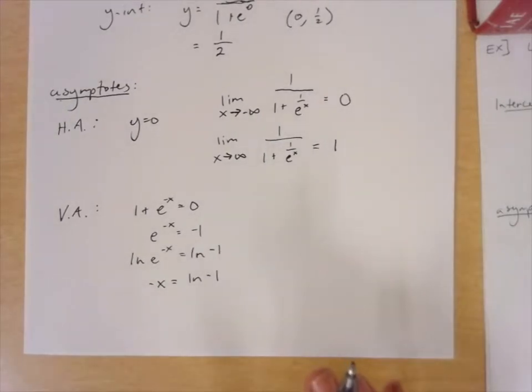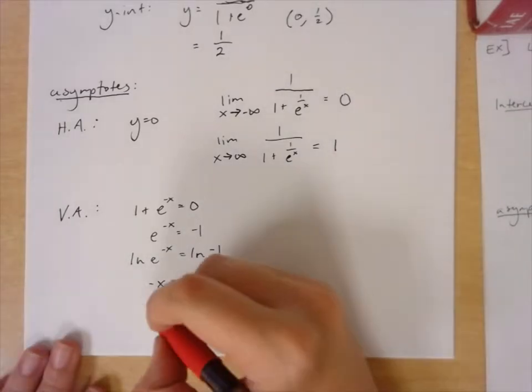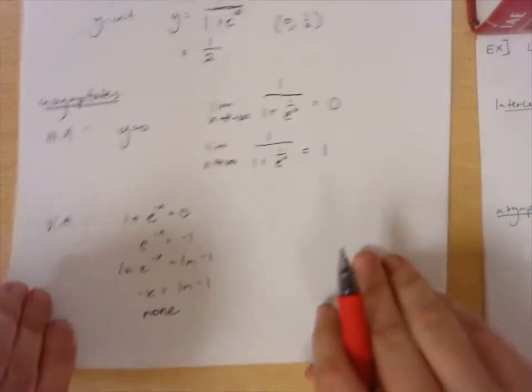If you take a second and throw that into your calculator, you'll understand that this cannot be done. There isn't any exponent that you can create to make a negative number. You can make smaller numbers as exponents, but you can't make negatives. So this is actually undefined, which lets us know that there are none. There are no vertical asymptotes.